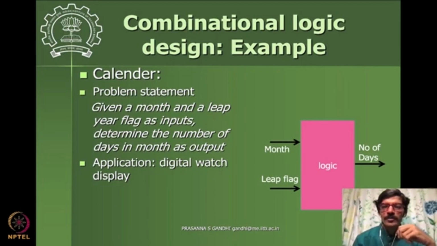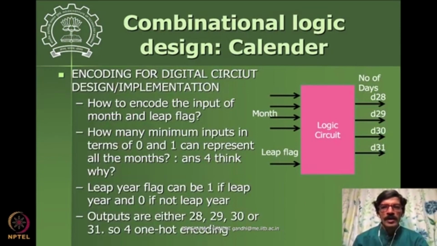There are many possibilities, but typically you use 4 bits as a binary input for the month, so I start with 0000 defined as January. Like that, I define different months in terms of these 4 bits.